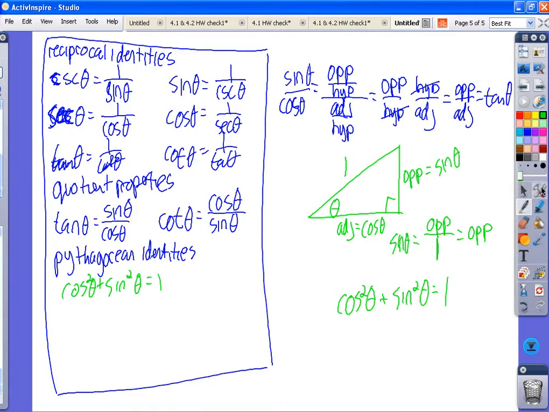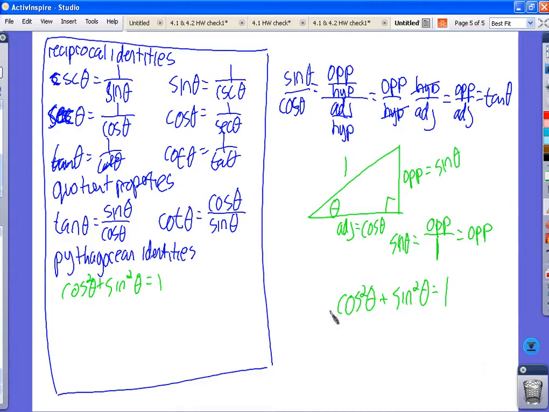Now let's take this Pythagorean identity, and we'll divide both sides by the cosine squared. Which means that we divide this by the cosine squared, divide this by the cosine squared, divide this by the cosine squared. So what's cosine squared over cosine squared? 1. What's sine over cosine?